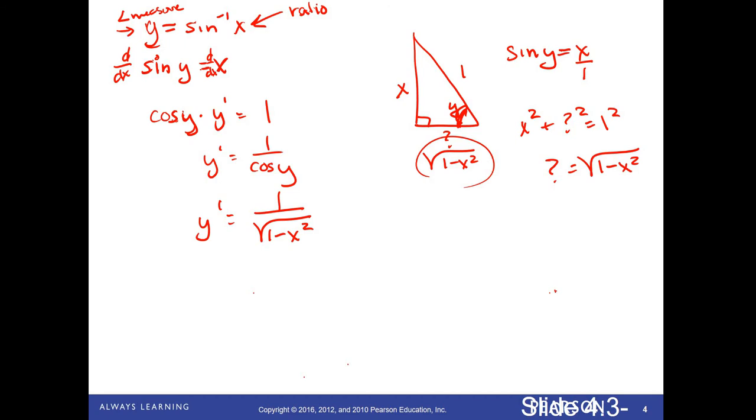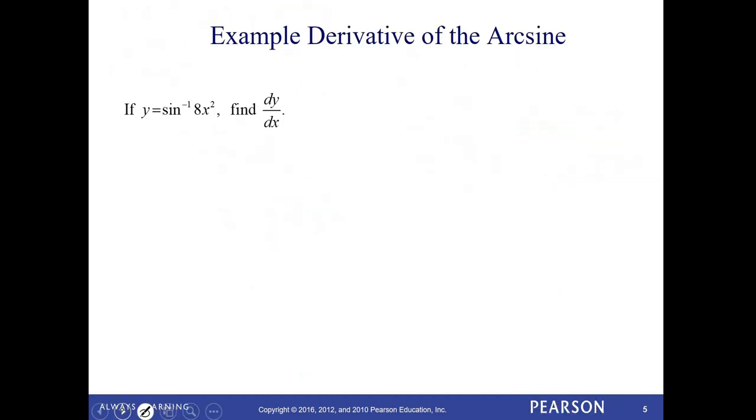You have two choices. You can memorize that the derivative of sine inverse is 1 over the square root of 1 minus x squared, or you can go through this process every single time. Again, it's up to you. So let's take an example using this, where here we have our function within a function.